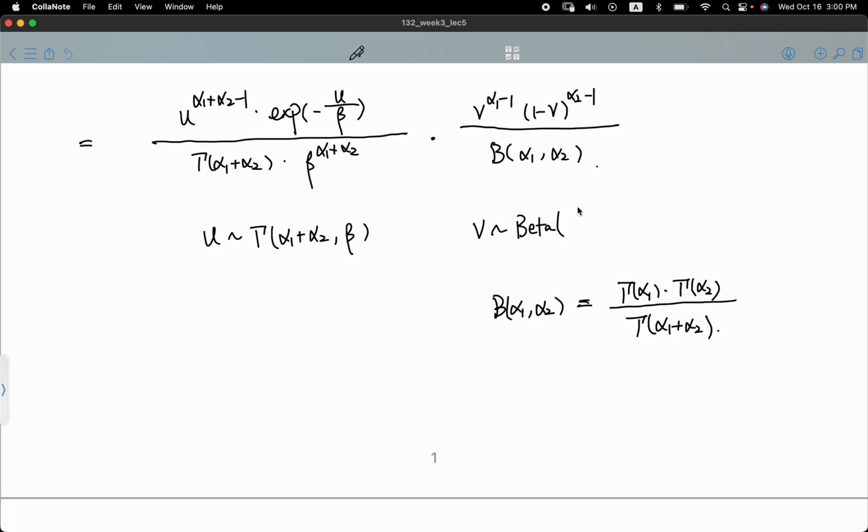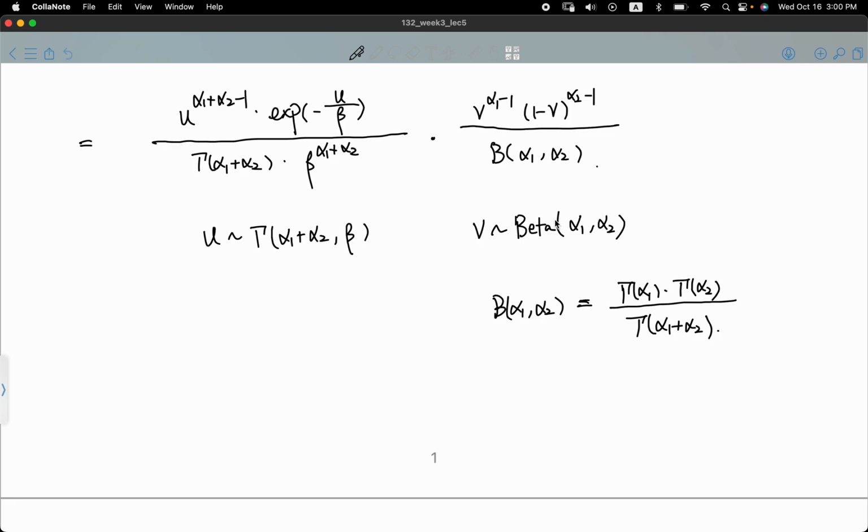It takes two parameters, alpha 1 and alpha 2. So here, this beta refers to the beta distribution, and this b here refers to the beta function: when you input alpha 1, alpha 2, you have this evaluated, and that will be your output. And the beta distribution is also showing up in your homework.